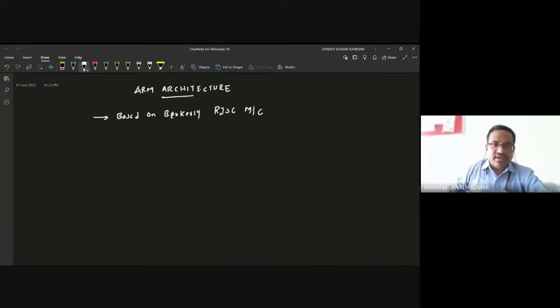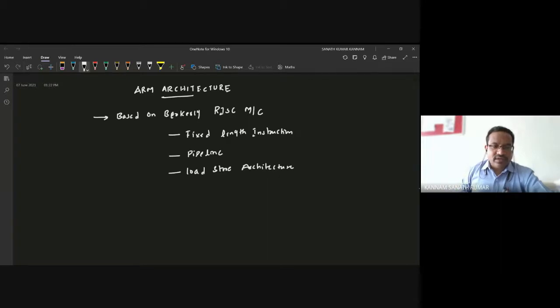It has fixed length instructions, and it supports pipelining, and it is based on the load store architecture.